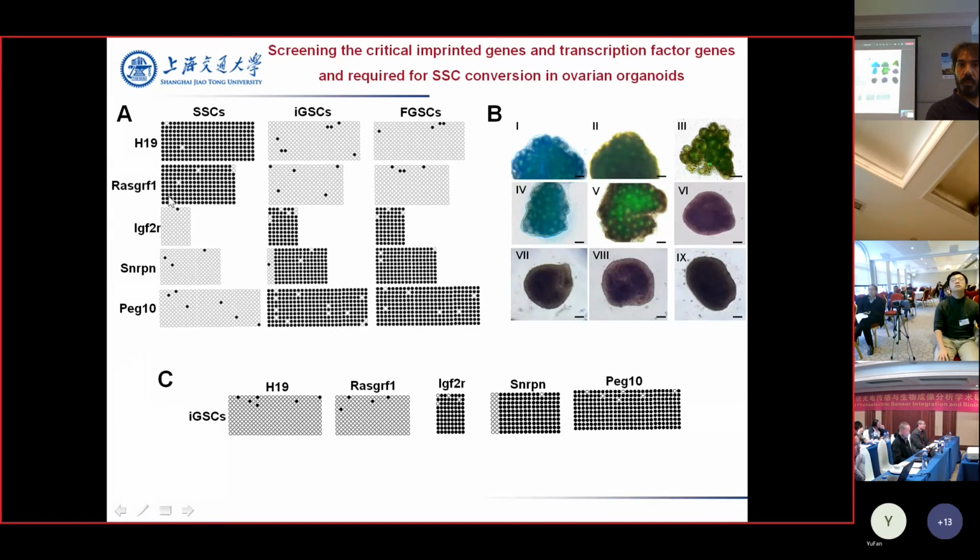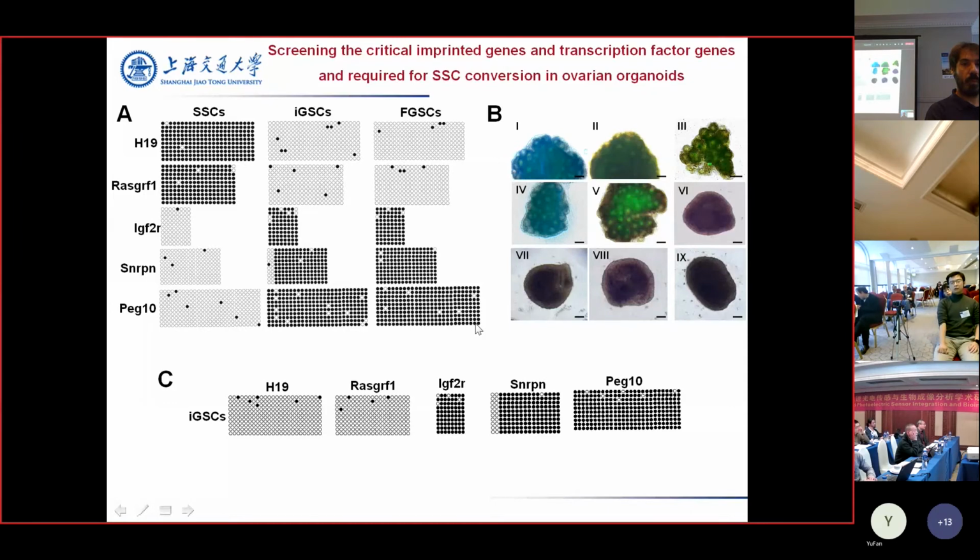After screening, we can see the germ cells derived from SSC, and this imprinted gene profile is similar to FGSC.